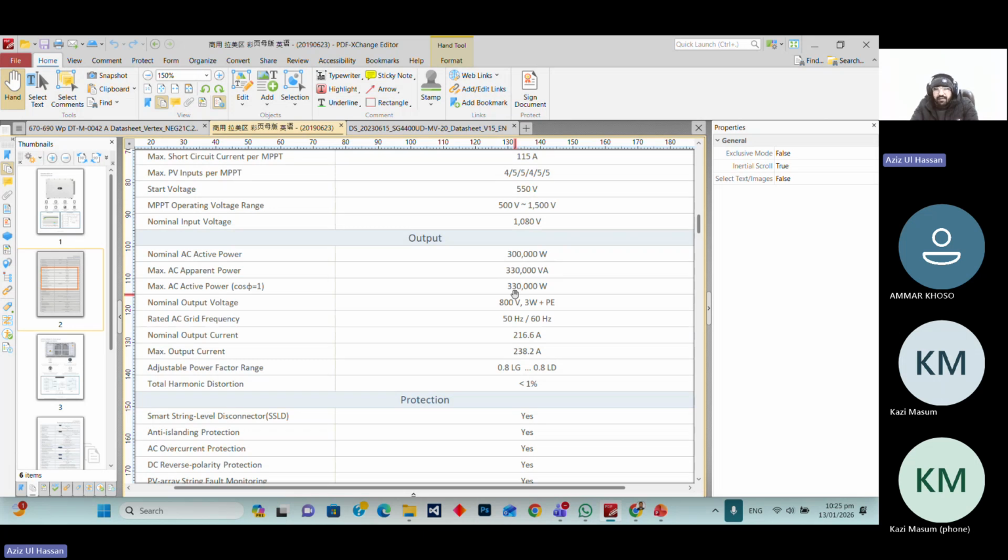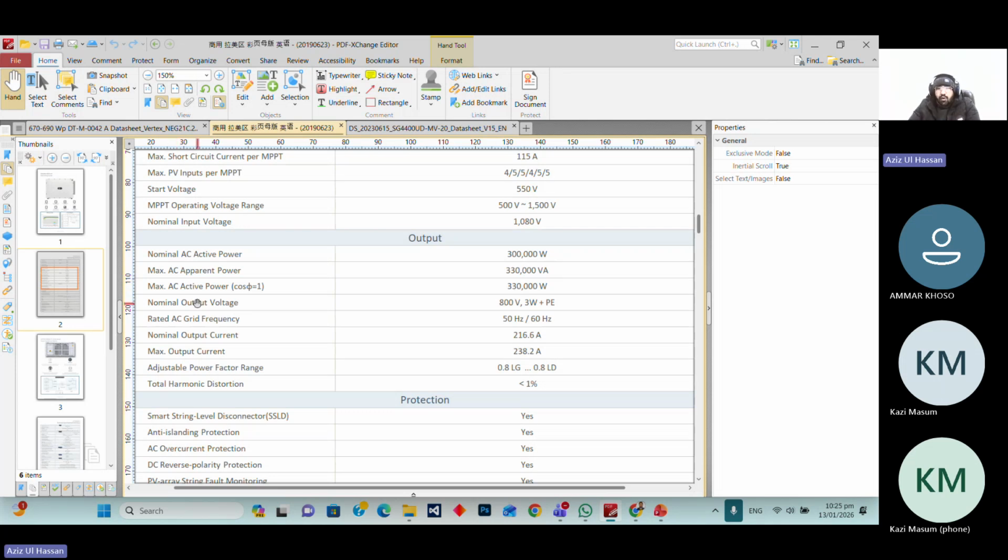If cos theta is 1, apparent power and active power will be equal. But if your power factor goes down, like 0.95, then active power is not equal to apparent power, because there is some reactive power in that case.